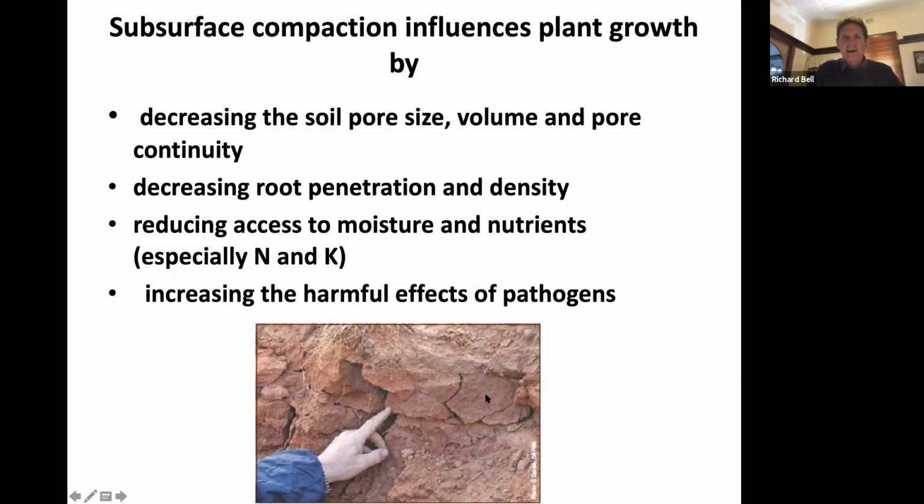So in that layer, you've got a decrease in pore size, volume, and also decrease in pore continuity. So it's difficult for roots to penetrate, difficult for roots to access water and nutrients in that layer or below it. And you may also get increase in some of the harmful pathogens as a result of those compaction layers.